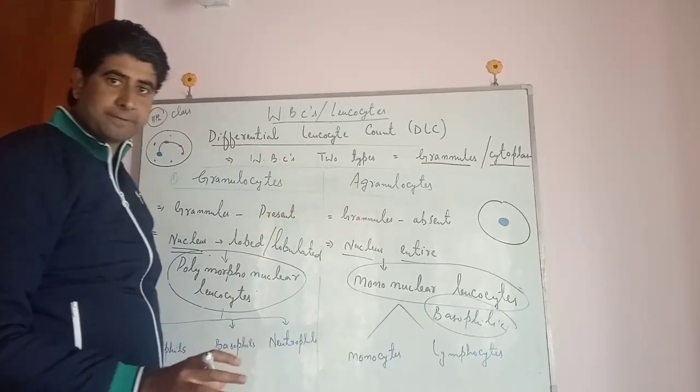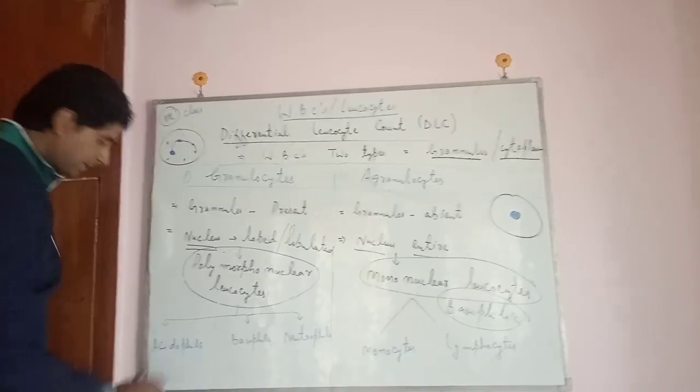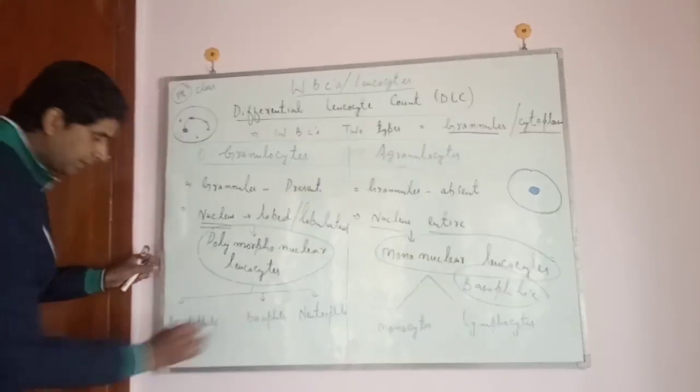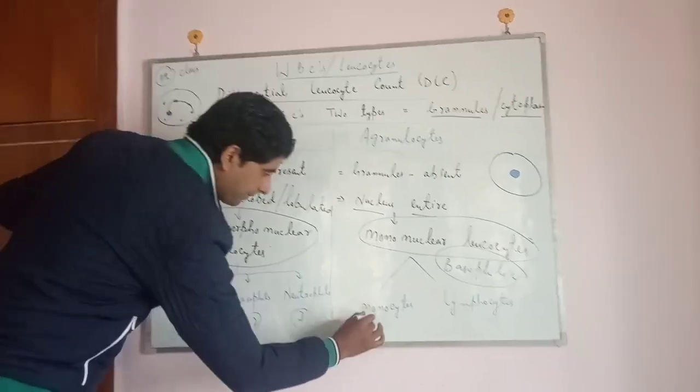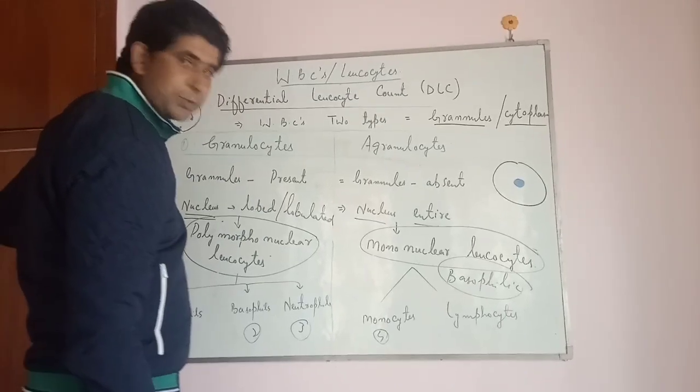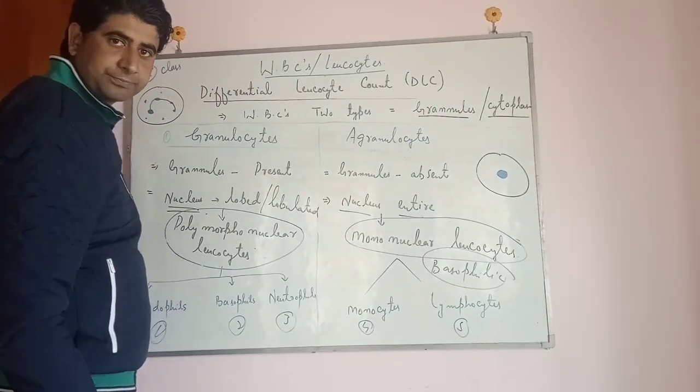But in depth, these are actually five types. Number first one is acidophils, number next is basophils, number third one is neutrophils, number fourth one is the monocytes, and number fifth one is the lymphocytes.